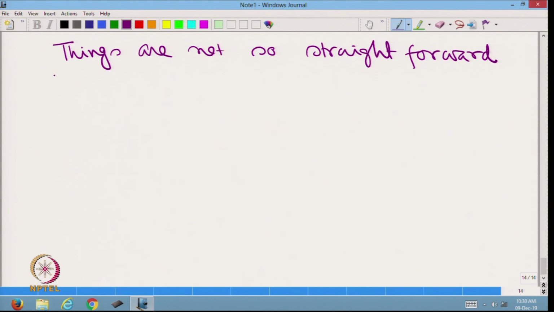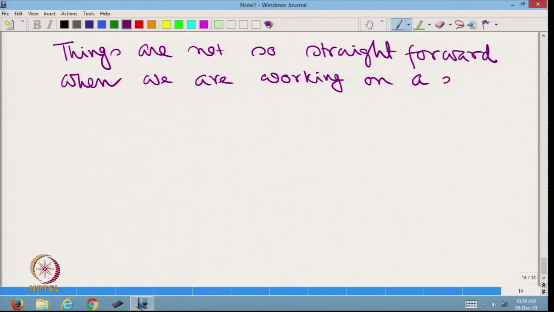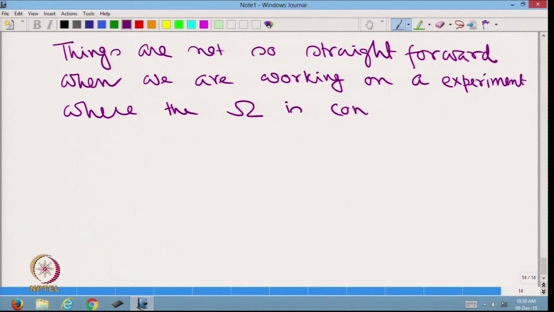When we are working on an experiment where omega is continuous.